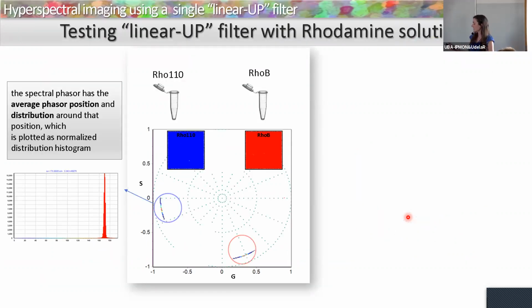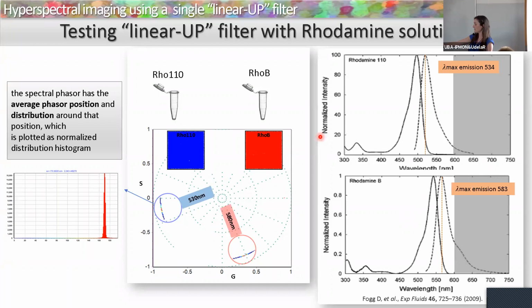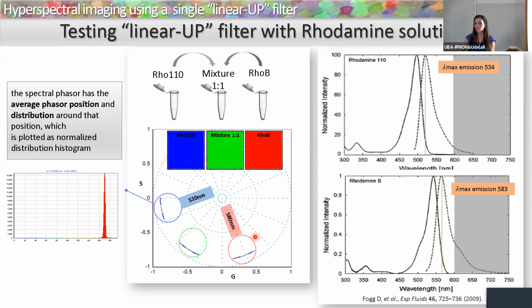We also tested with rhodamine solutions. We used rhodamine 110 and rhodamine B. As you can see here, they appear in different positions in the phasor plot. Then we mixed them, a one-to-one mixture, and it appears in the middle of the angular position of the individual ones.